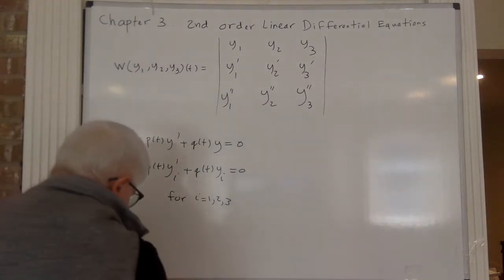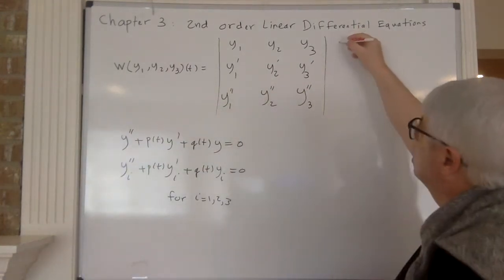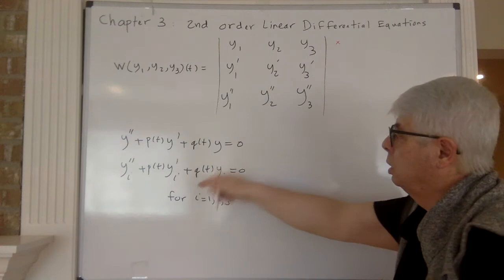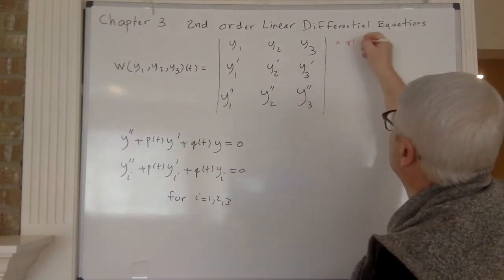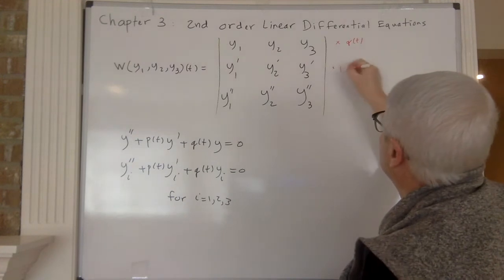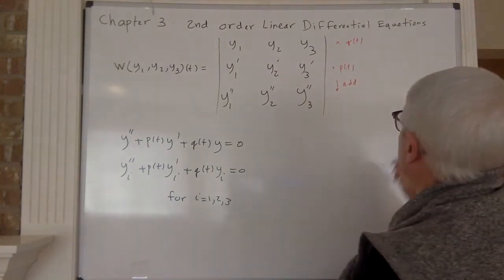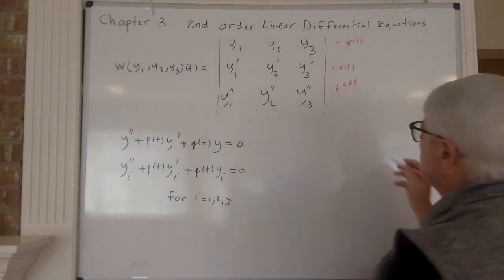Okay, well, what do you think? If I multiply the first one, this row, by q(t), right? This one by p(t), then add to this. So this is what I'm doing.